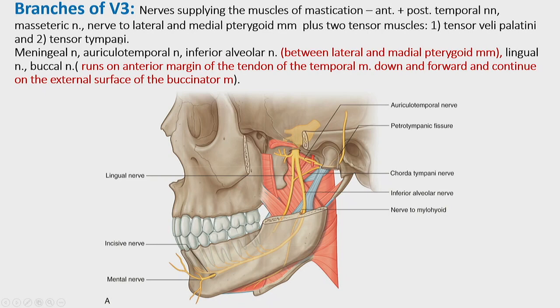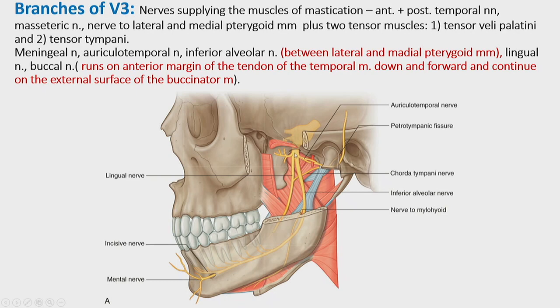They are also innervated by the mandibular nerve. Together with these, we said on Tuesday that the anterior belly of the digastric muscle and the mylohyoid muscle are also innervated by the mandibular nerve.